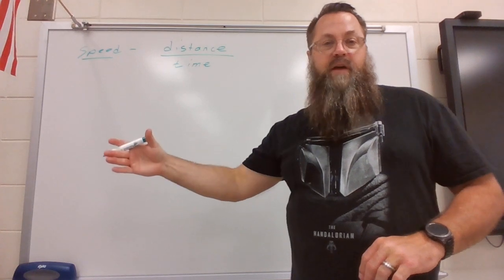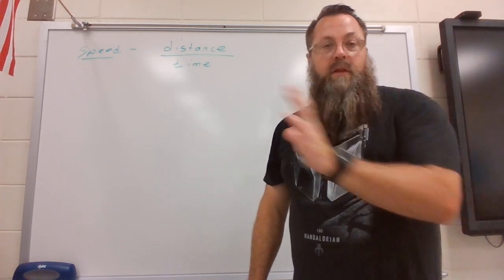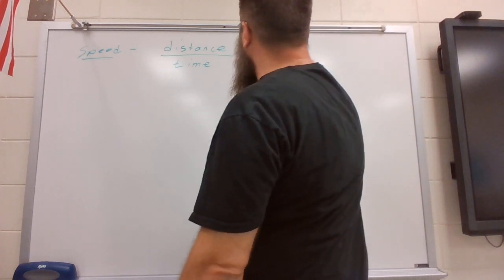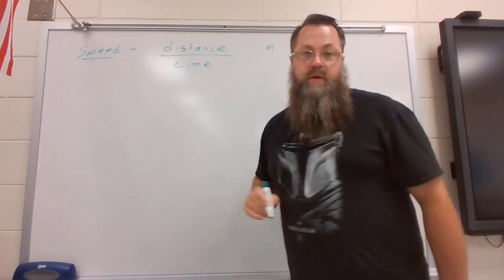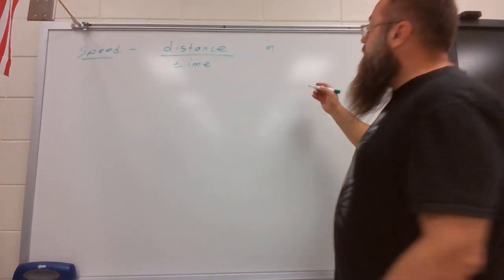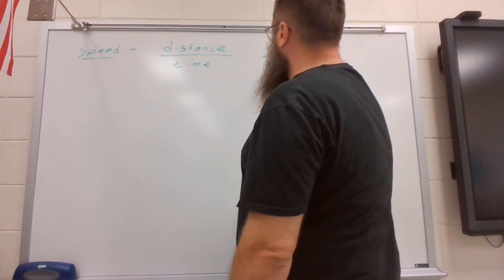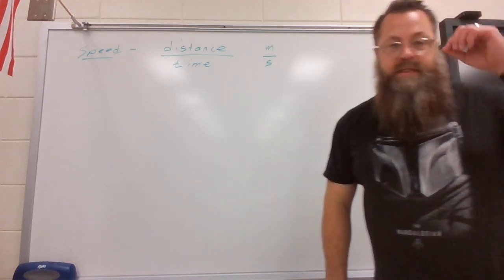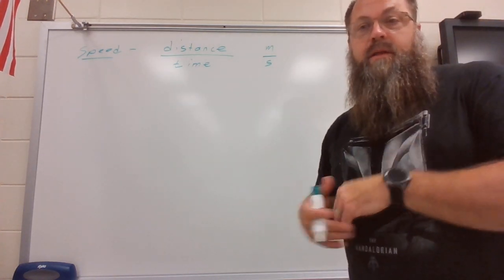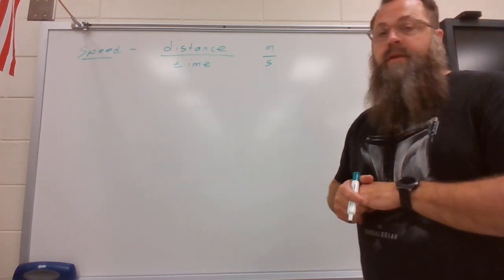How much ground is covered, and how long does it take to cover that ground? So for example, we might say meters, because obviously we're going to use the metric system when we do science. Meters per second, for example. Most often in physics, this will be the unit that we're using, meters per second.